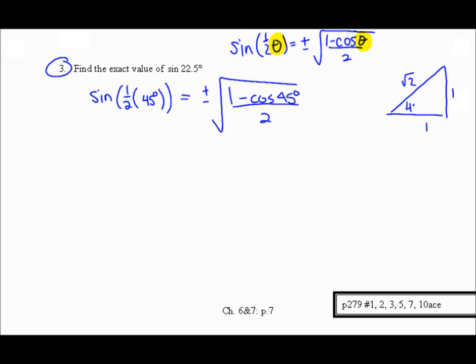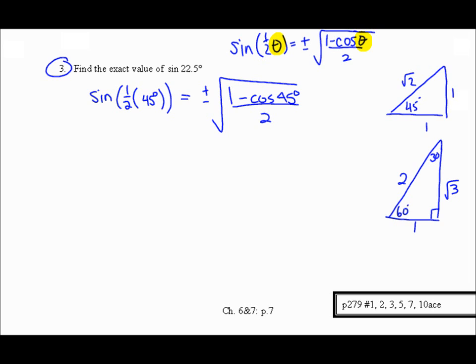If you're using the special triangles, it's 1 over root 2, or if you're using your unit circle, it's root 2 over 2. The other special triangle is 60 degrees and 30 degrees, with sides root 3, 2, and 1.